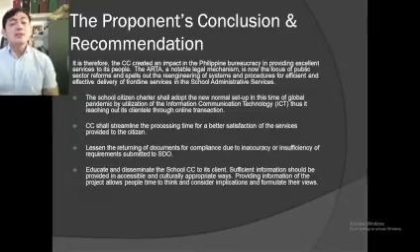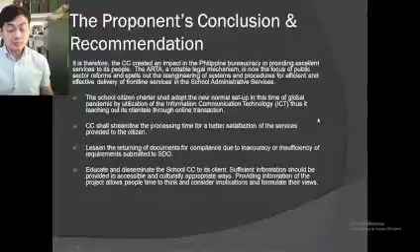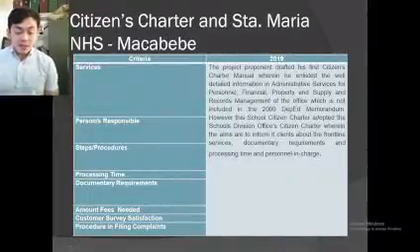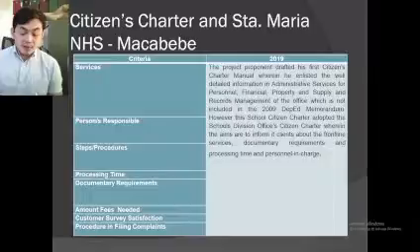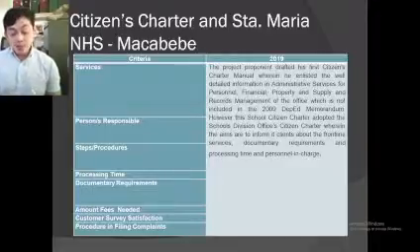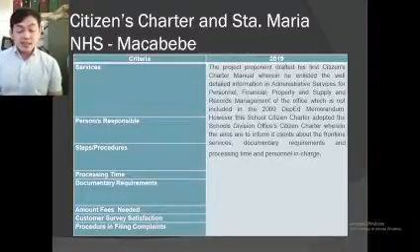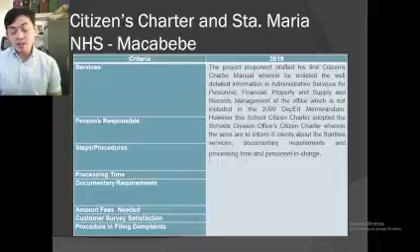Now, in 2020, this is the year all services of the administrative service were stopped due to the widespread of the COVID-19 pandemic. The project proponent drafted his second edition of his Citizens Charter to adopt the current situations of the school.